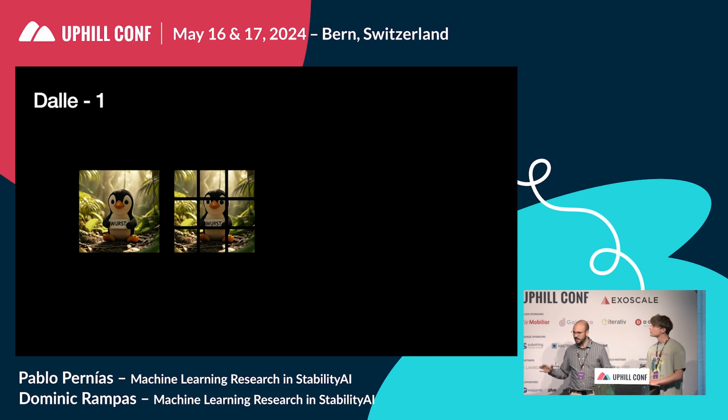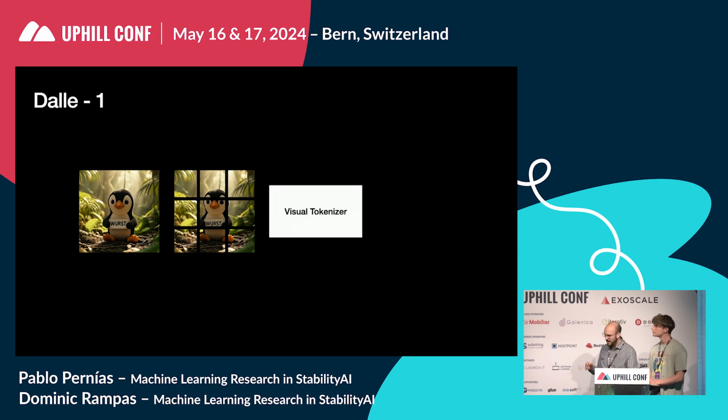Maybe not with the best quality, but we can have this dictionary encode it, just as was mentioned before with transformers and language, using a visual tokenizer. And then we end up with this matrix of what we call visual words.